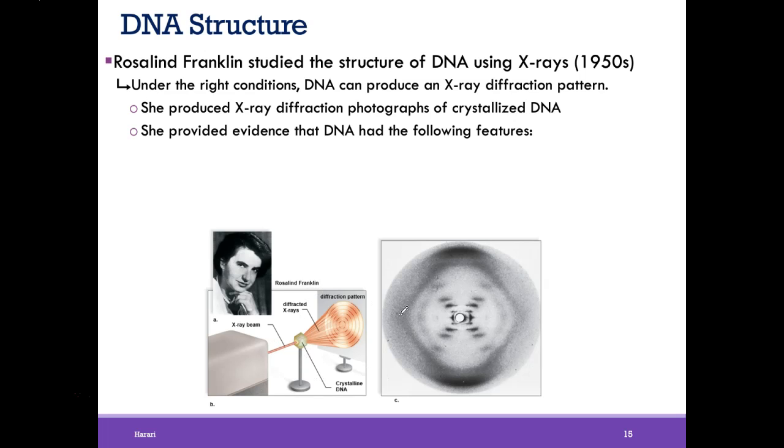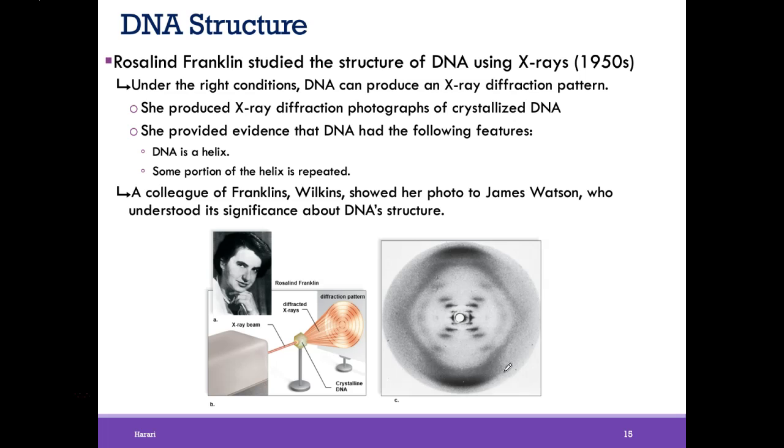She provided evidence that DNA had certain features. She proved with this one photograph, this is a very famous photograph, that DNA is a helix, and that the helix continues to repeat over and over again. So Rosalind Franklin's X-ray diffraction technique helped determine the 3D shape of the molecule.